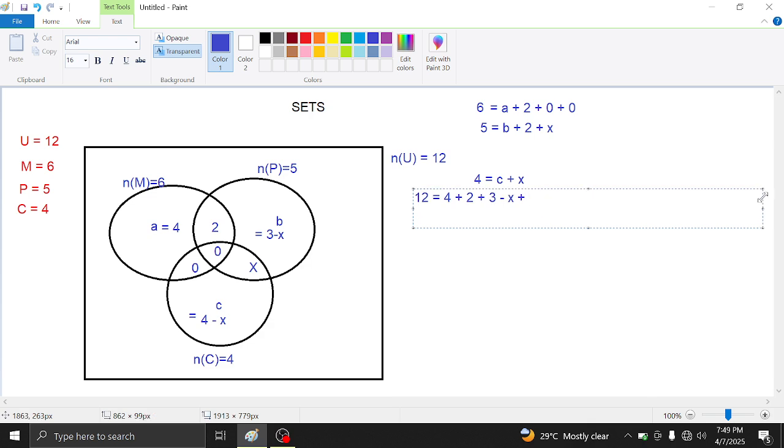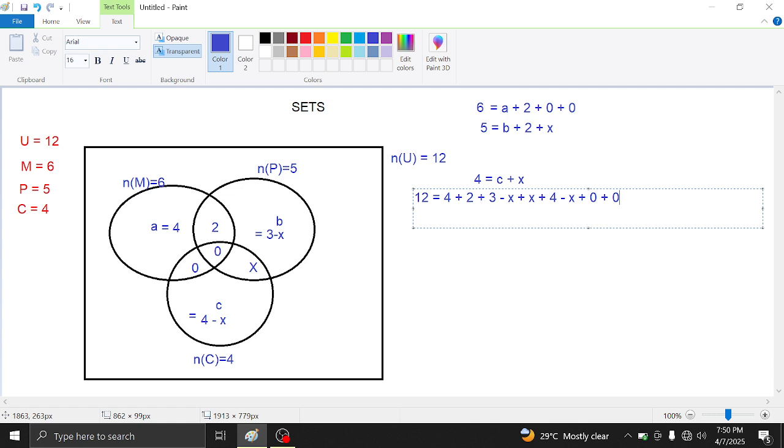Okay, so 3 minus X plus X plus 4 minus X plus 0 plus 0. Let me just write that 0 obviously.